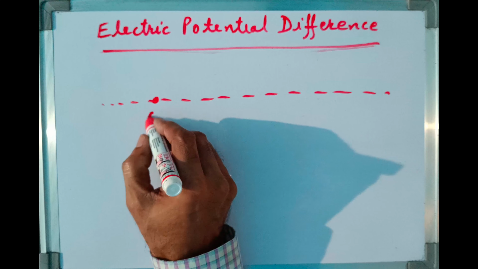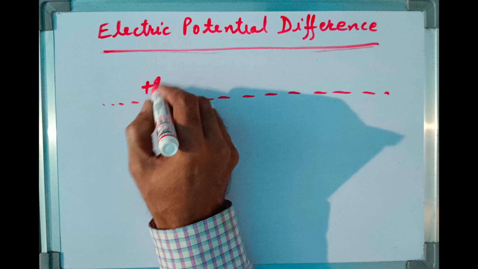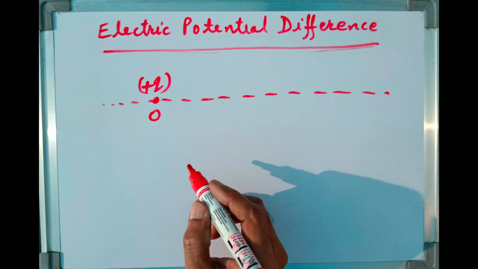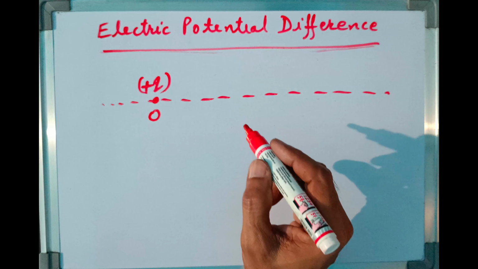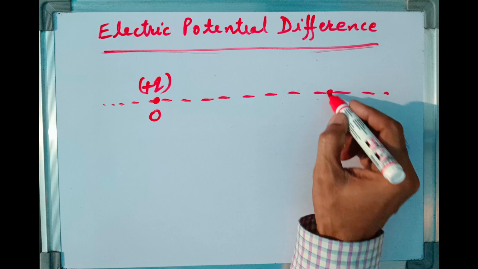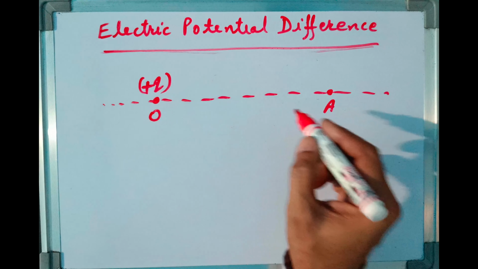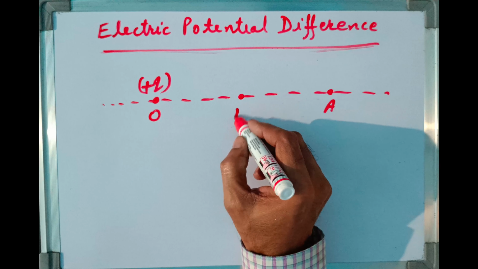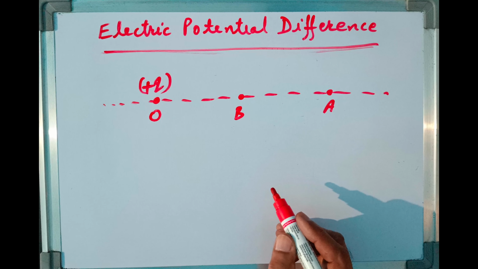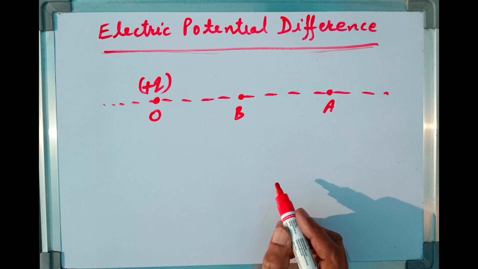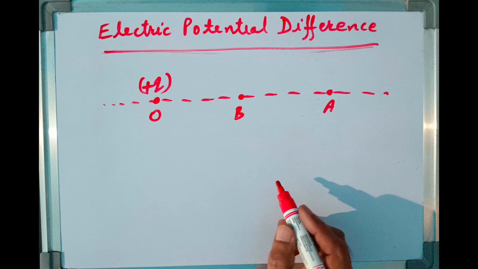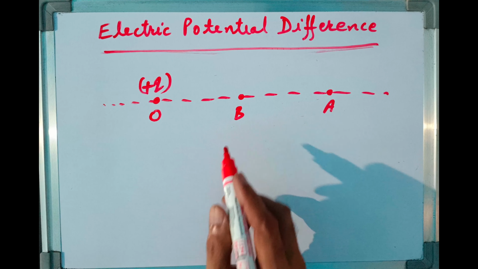Suppose it is at point O and source charge is positive with magnitude Q. Our question is, this is a point A in its electric field. There is another point B within the electric field. Question is, what is the potential difference between A and B?